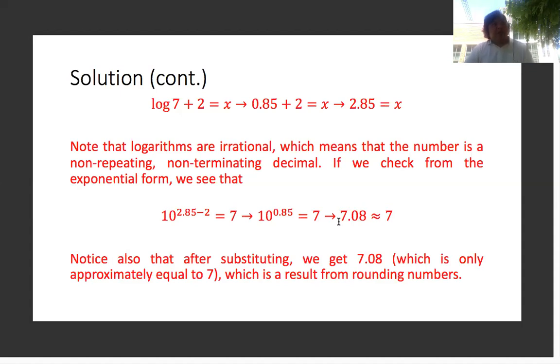Now take note that the answer we got was slightly higher than 7 because we had to round our numbers up. As I mentioned, usually if the exponent is not exact, then it is irrational, meaning it's non-repeating and non-terminating. So therefore, in order to actually reach the part where it has to terminate, you will have to, of course, round your answers.